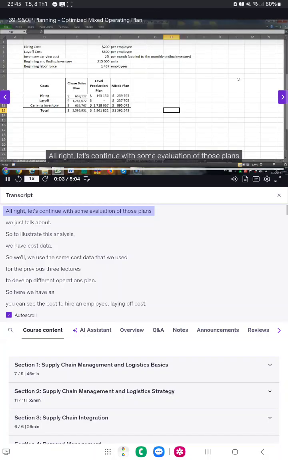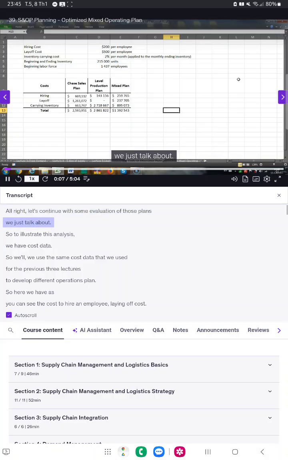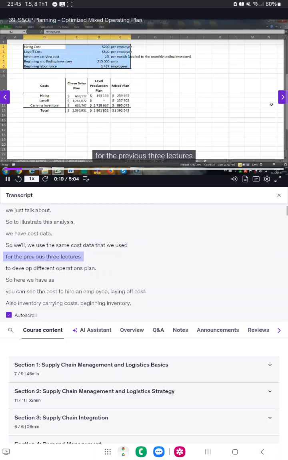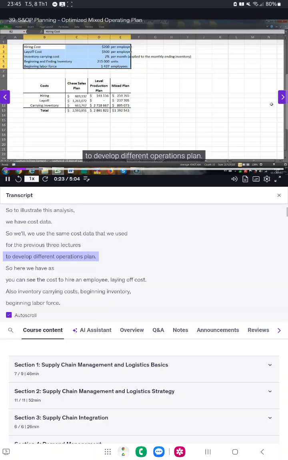Alright, let's continue some evaluation of those plans we just talked about. To illustrate this analysis, we use the same cost data that we used for the previous 3 lectures to develop different operations plans.